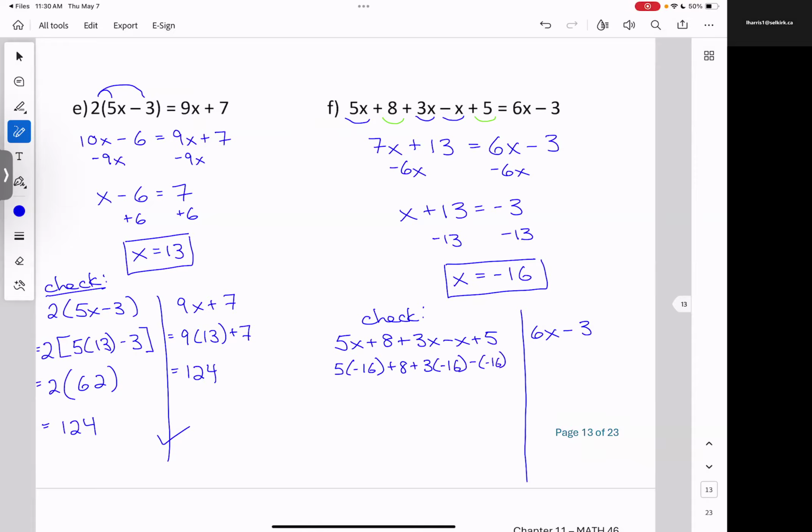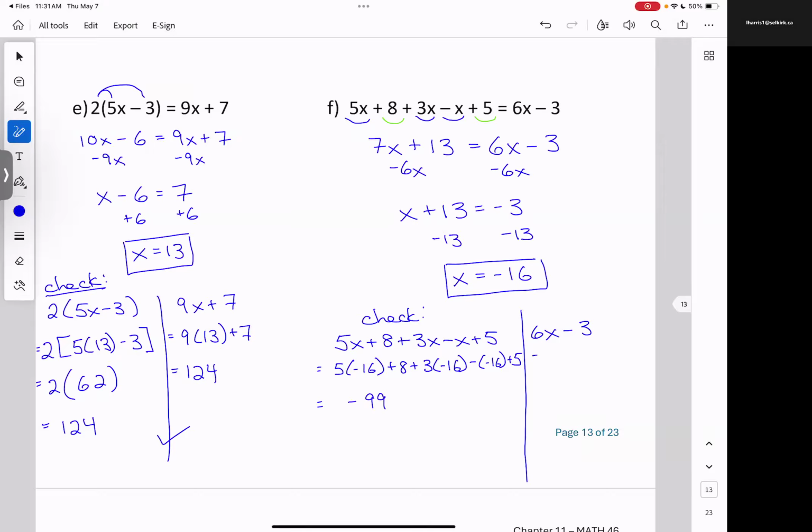So careful there, that'll become a plus. And then plus 5. And what I'd recommend for these is you can just punch that into your calculator. And you'll get an answer of negative 99.